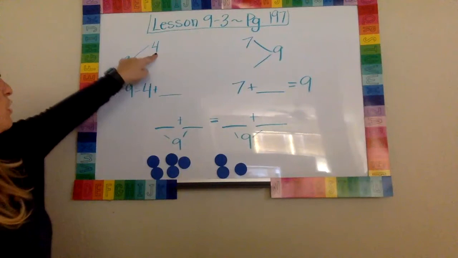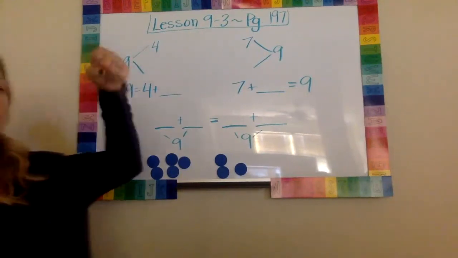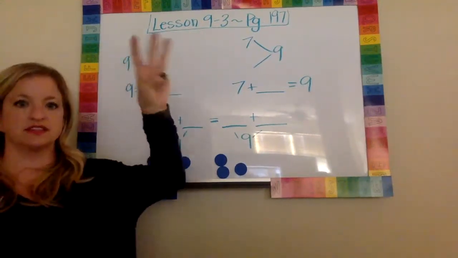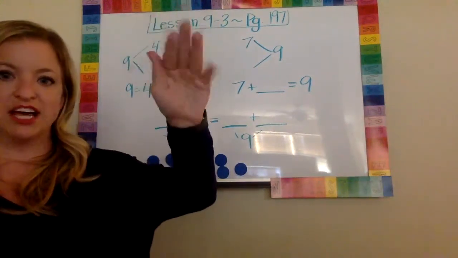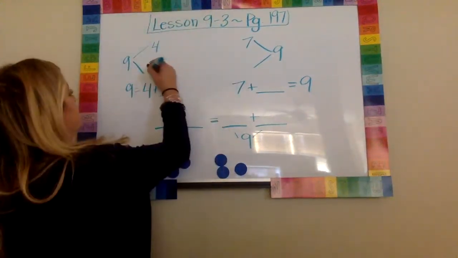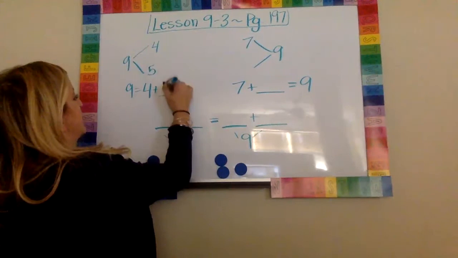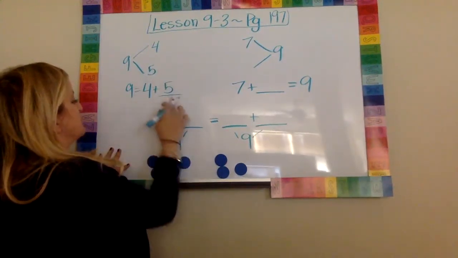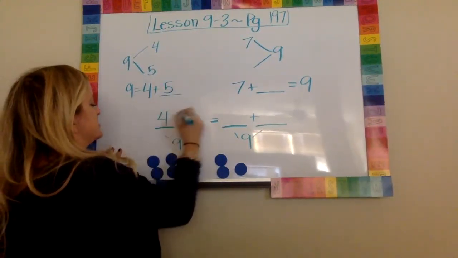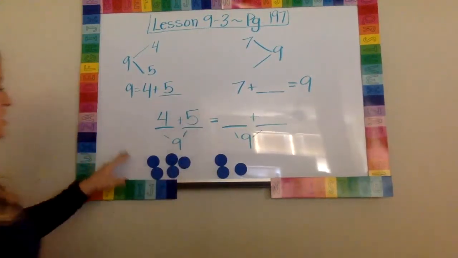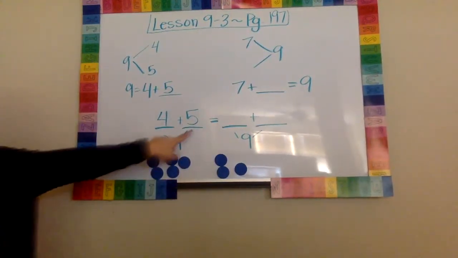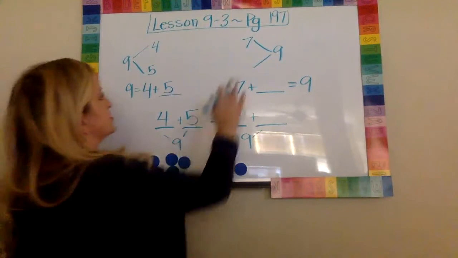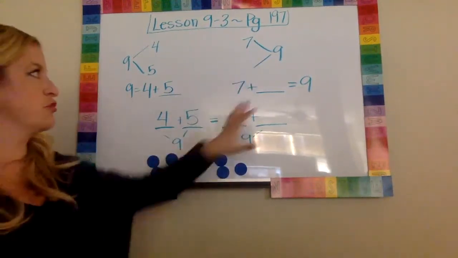It's just how you're breaking it down is going to be different. So we're going to start at 4. We're going to count on until 9. 4, 5, 6, 7, 8, 9, 5. So I can fill this in. Now I know 9 equals 4 plus 5. And here is that number partner. I can break down 9 into 5 and 4. Now 7 is where I'm going to start over here.